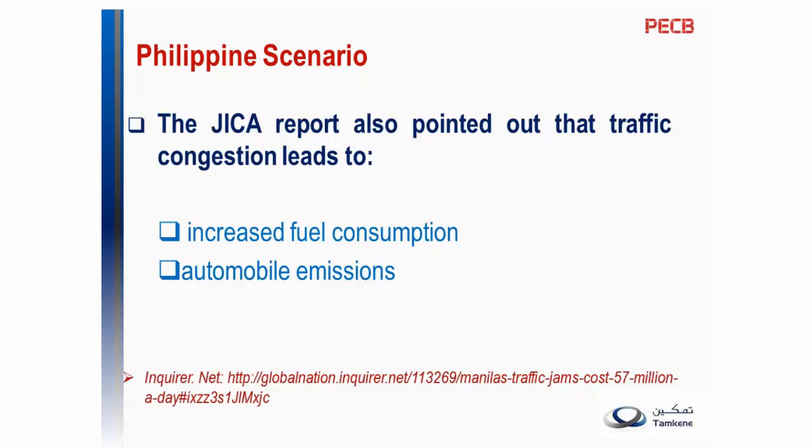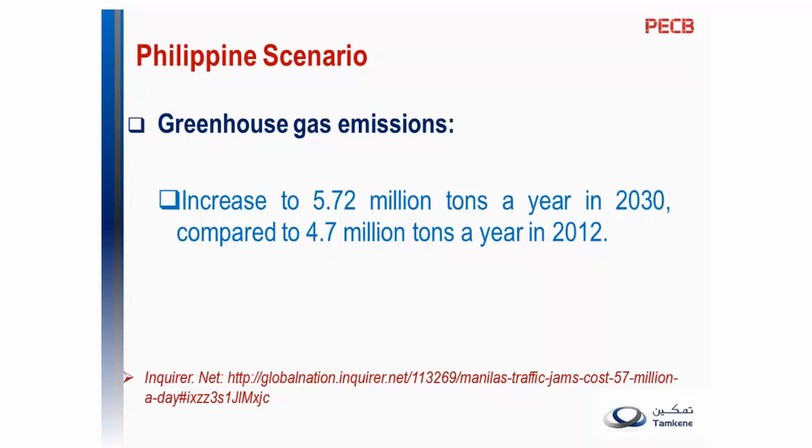So if you relate this to greenhouse emissions, it will increase from 4.7 million tons a year in 2012 to 5.72 million tons a year in 2030. The issue of traffic safety also entails traffic accidents that may cause traffic jams and so on and so forth. So this is one of the implications of road traffic safety that may later lead to traffic obstruction or traffic jams.